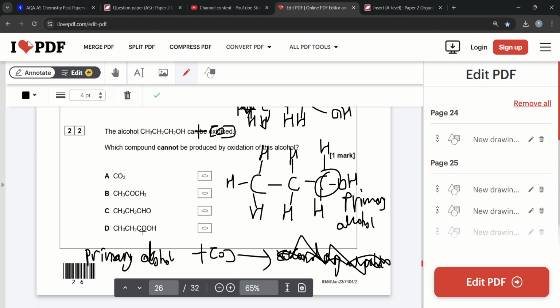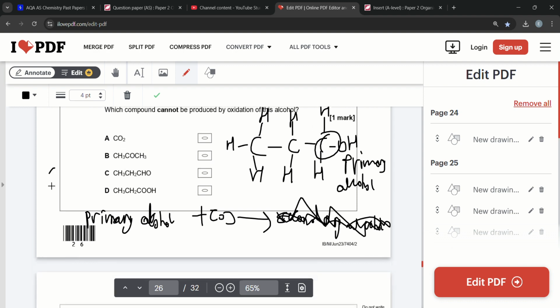So the carboxylic acid and aldehyde can be produced. Whereas if we draw out this, CH3, yes, there we go.